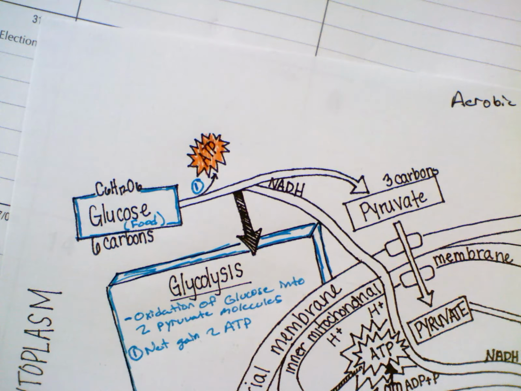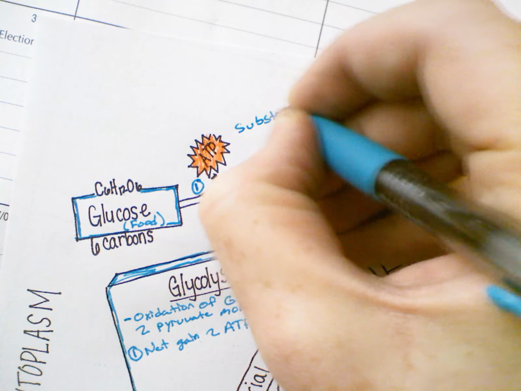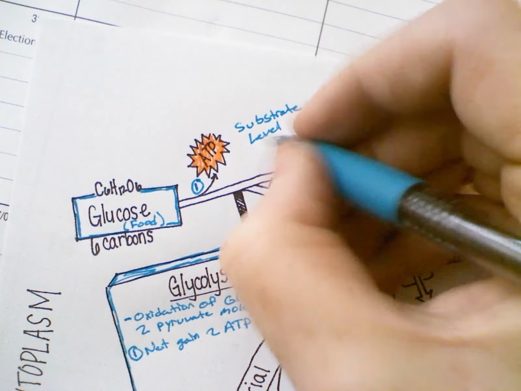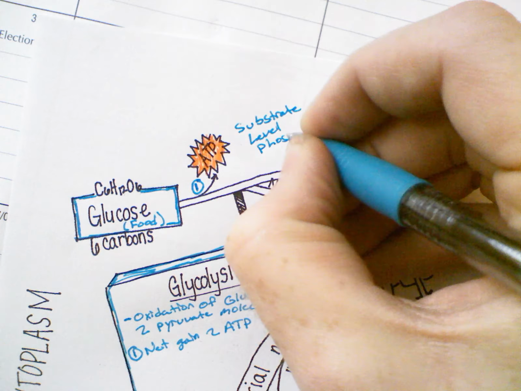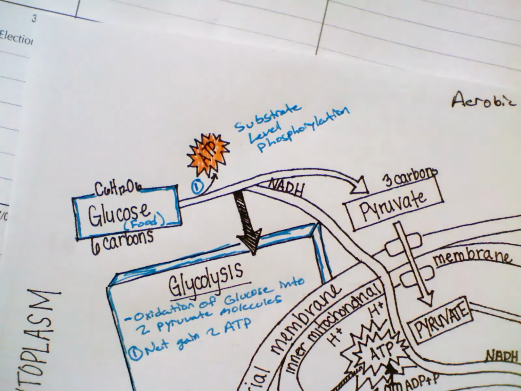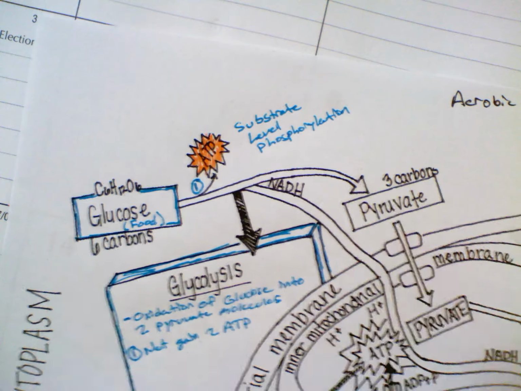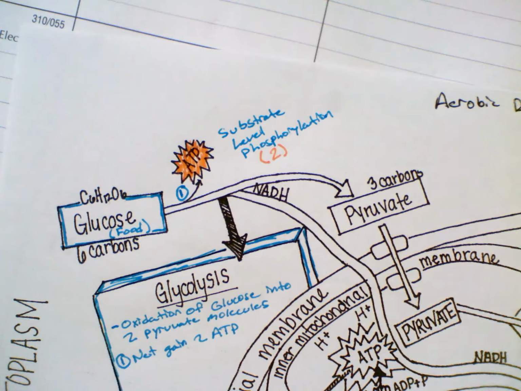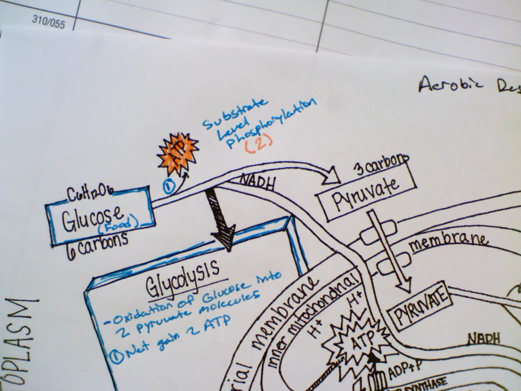What is it? Substrate level. Substrate level phosphorylation. And how many ATPs do we get here? 2. Net. Because 2 went in, 4 came out. So we ended up with 2.